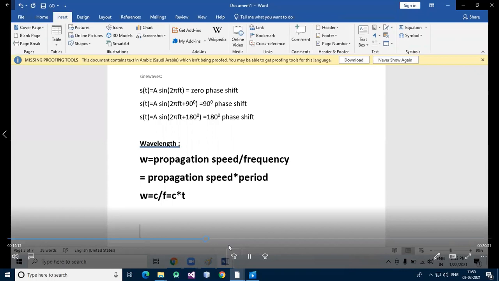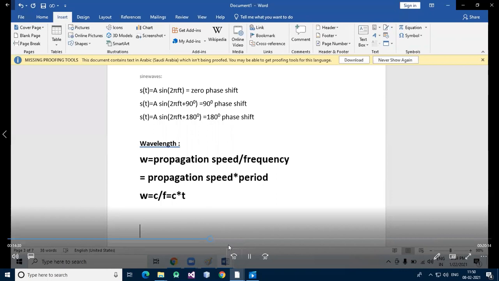In vacuum, the speed of light c is 3 into 10 raised to 8 meters per second, but it does not remain the same in a cable. Hence, the wavelength of the same signal will differ in the air and on the cable.